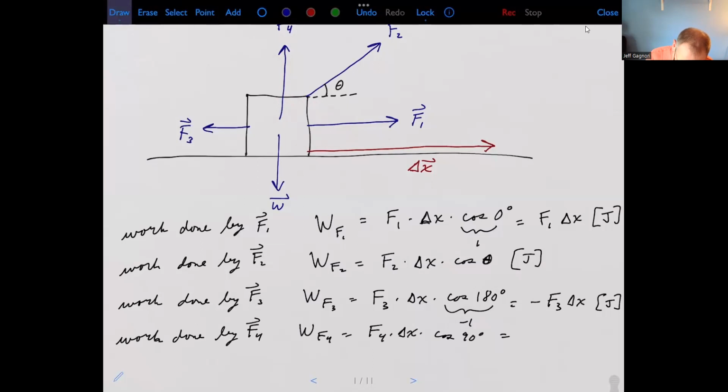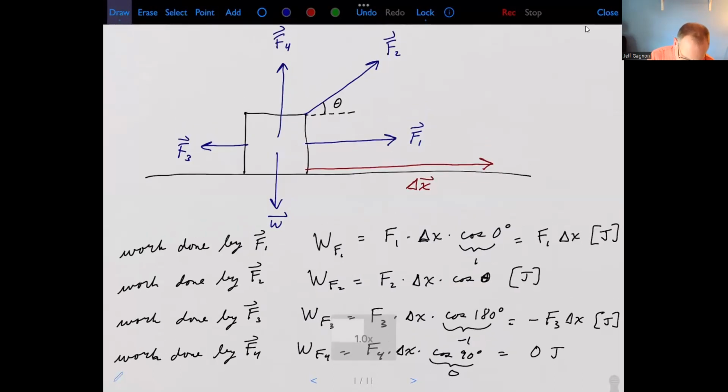And remember, cosine of 90 is equal to 0. So this is simply going to be 0 joules. And we kind of already knew this, right? Remember I said earlier, whenever a force is acting perpendicular to the displacement, it's not going to do any work on the object. Okay, and we can see that by plugging it in, because cosine of 90 is equal to 0. So that also tells us that we have no work done by F4 on this object.